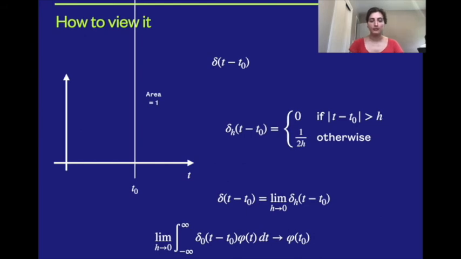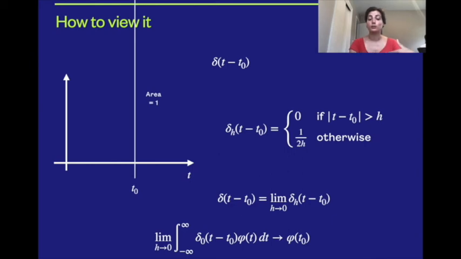There is a small typo in the slides, it's delta h. If we take the limit for h tending to 0 of the integral we saw before, going from minus infinity to plus infinity of delta h times phi t, we call them test functions, any type of function in there, then we see that it indeed converges to being the value of phi at t0.